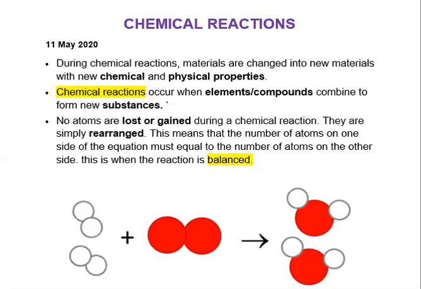All right, so when this happens, we say that the equation or the reaction is balanced, okay? Because we have the same number of atoms on one side that we have on the other side of the equation. Okay, so let's move on.